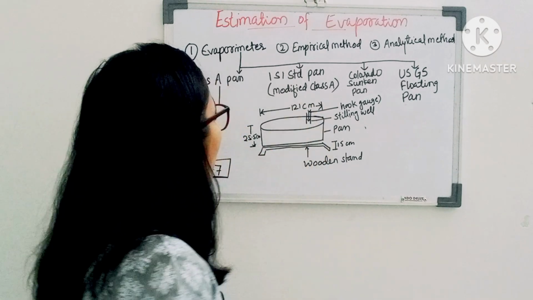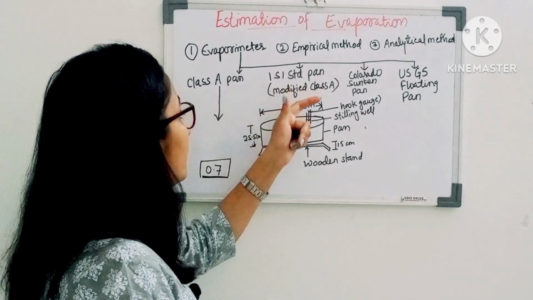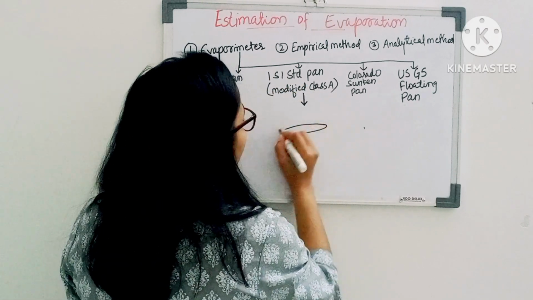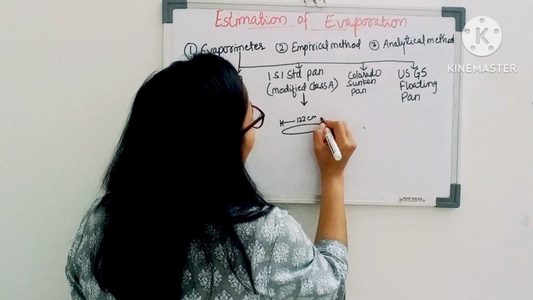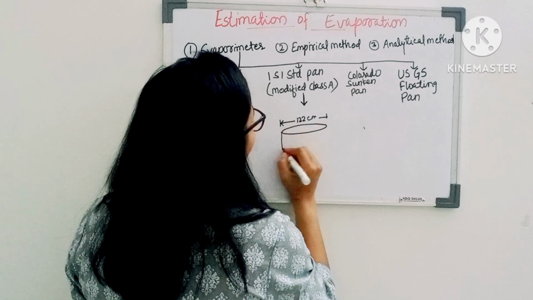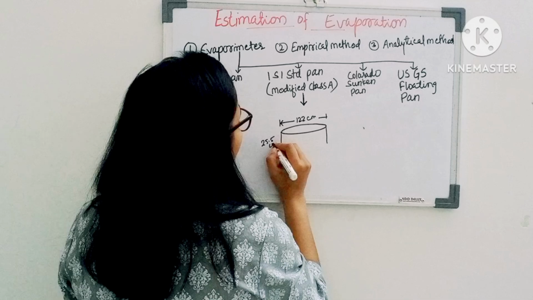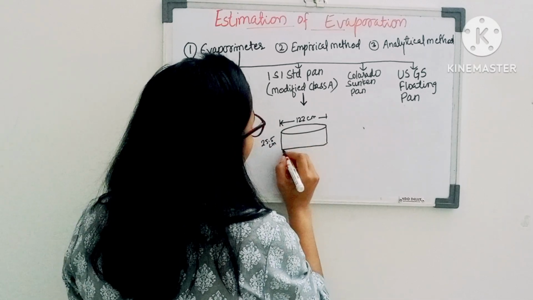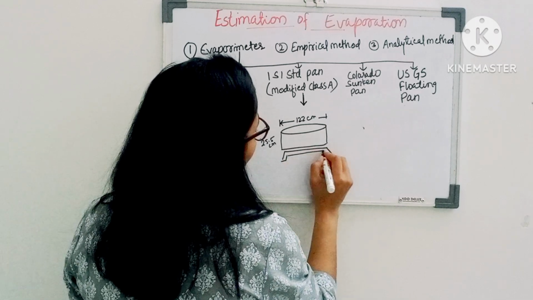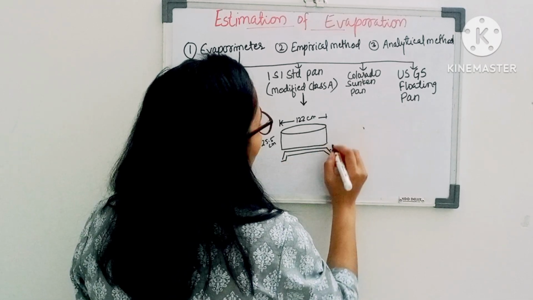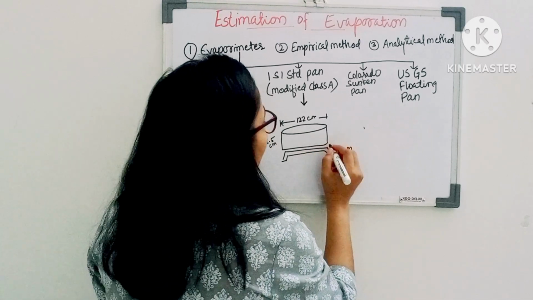Then the next one is the ISI standard pan evaporimeter, or modified class A evaporimeter. The diameter of the container is 122 centimeter. The depth is the same as the class A pan evaporimeter, which is 25.5 centimeter, and it is placed over a wooden platform whose depth is 10 centimeter.